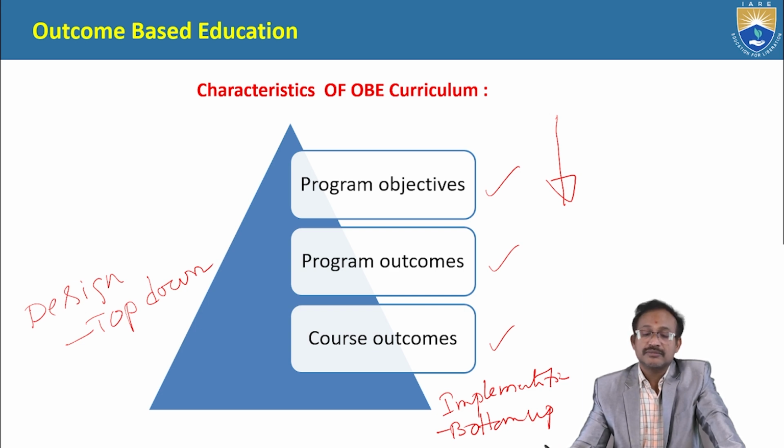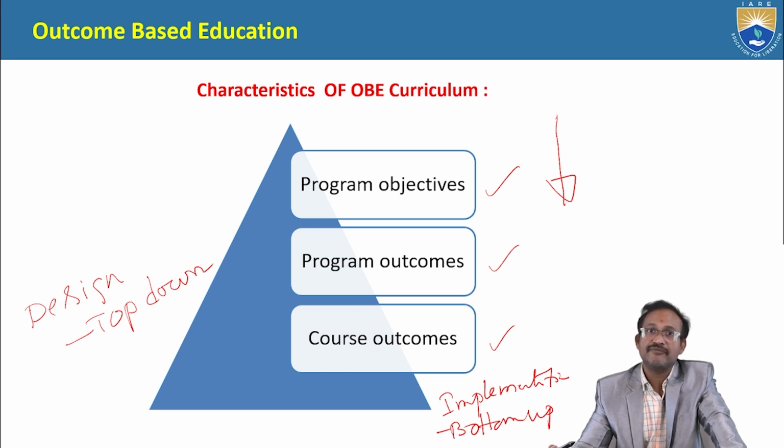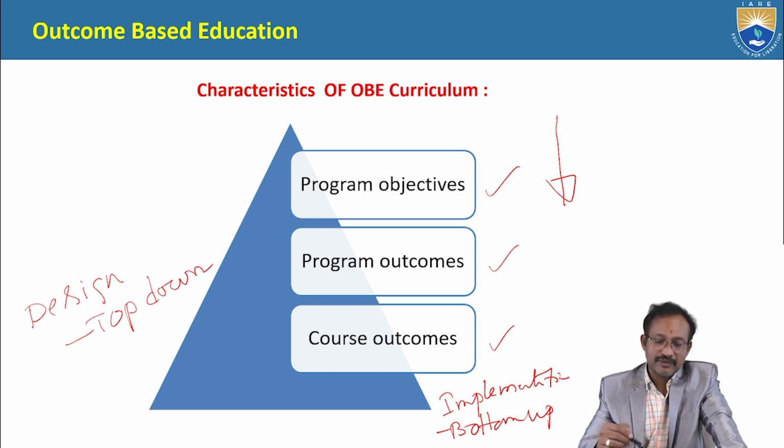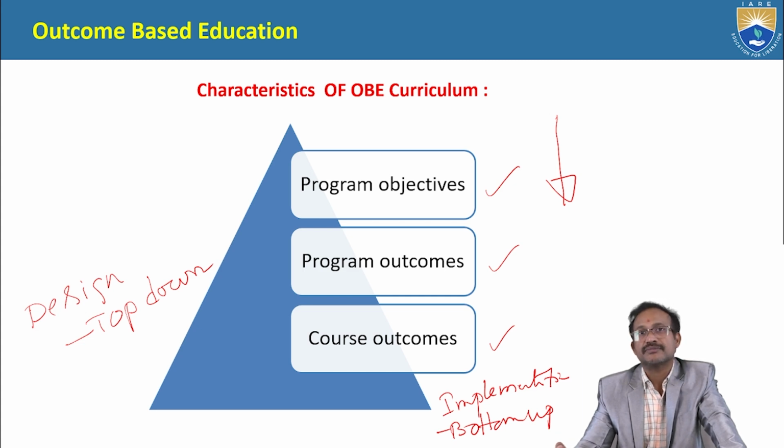So here program objectives are to be prepared at the beginning of the system. Program outcomes are, let us say, 12 right now. Some program specific outcomes would be there for each program, and from that we have to derive course outcomes.